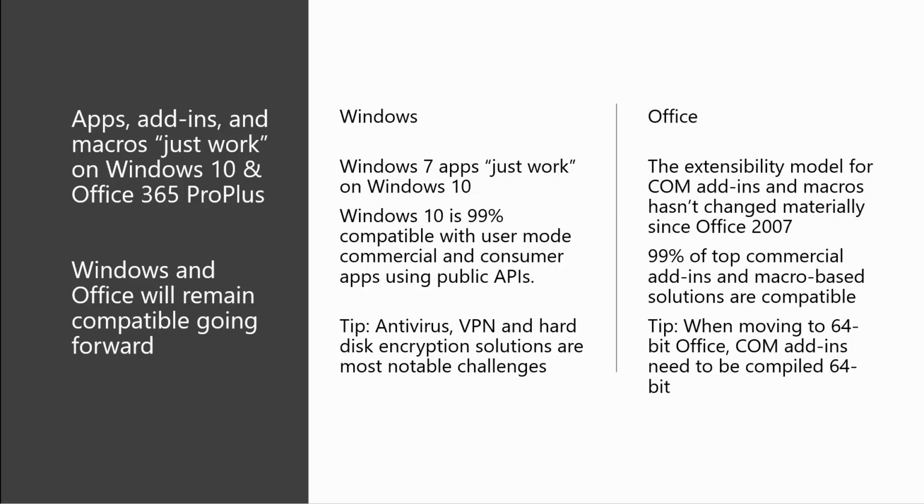Main thing is apps and add-ins will just work. 99% plus Windows 10 apps, we've stated this publicly. We didn't make massive changes to public APIs. We've done a lot of work under the covers to make sure that apps continue to work. On the Office side, add-ins also, arguably, there have been very, very few changes from Office 2007 until now.